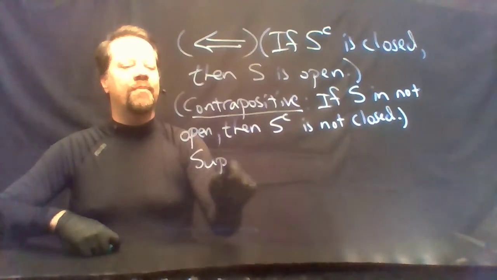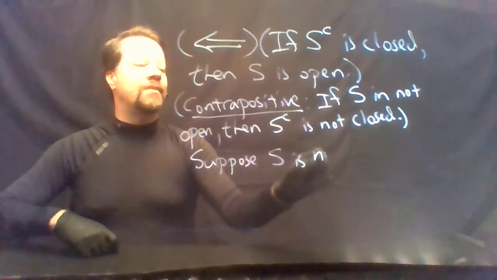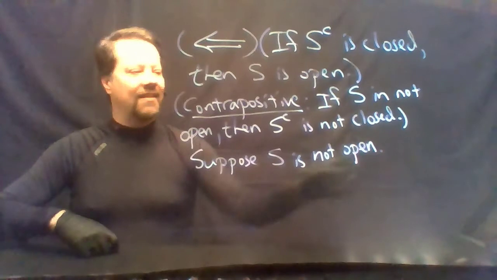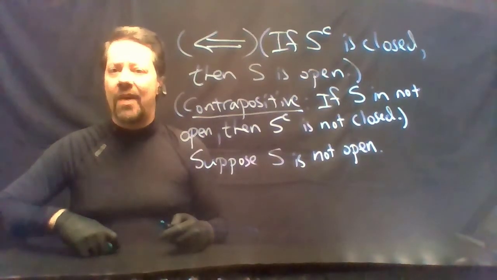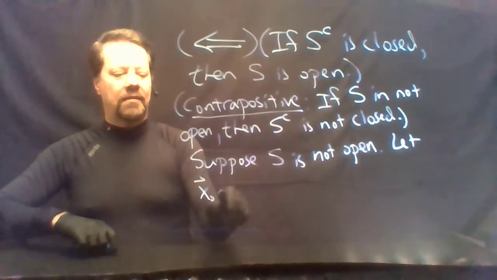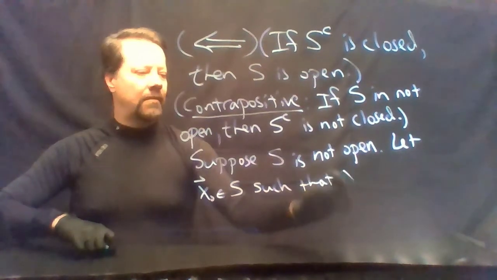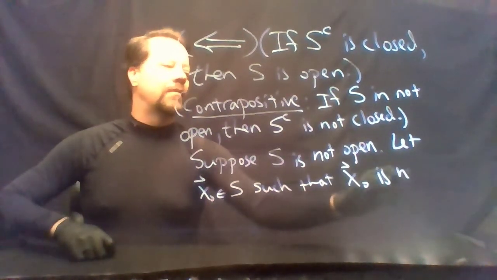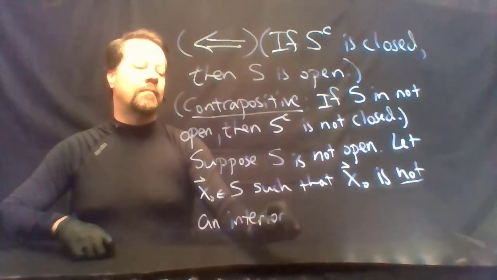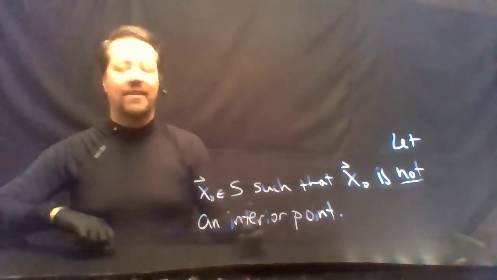So we're going to suppose S is not open. That means it has a point that is not an interior point. What does that mean?